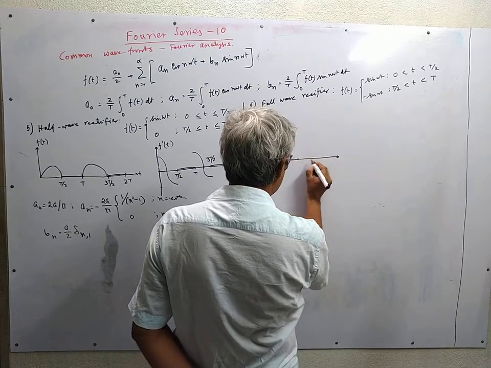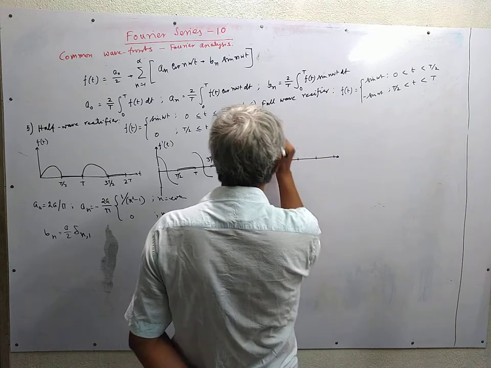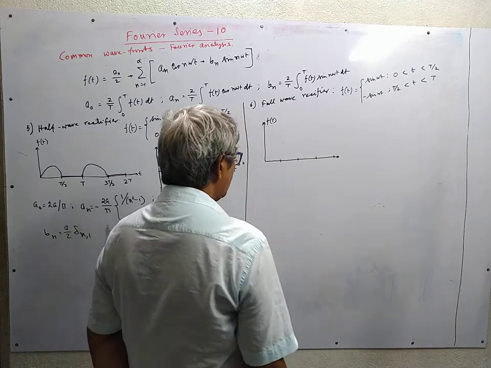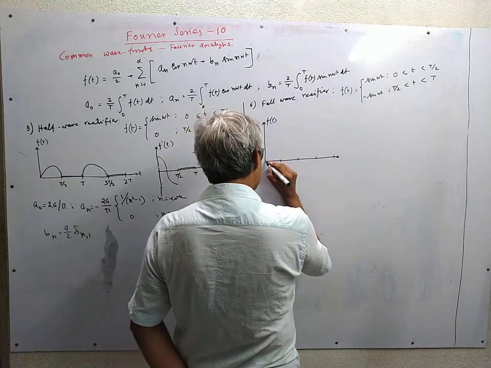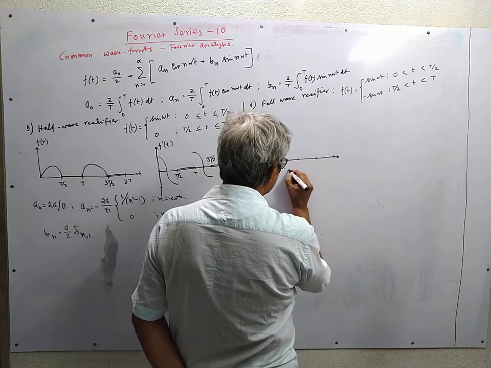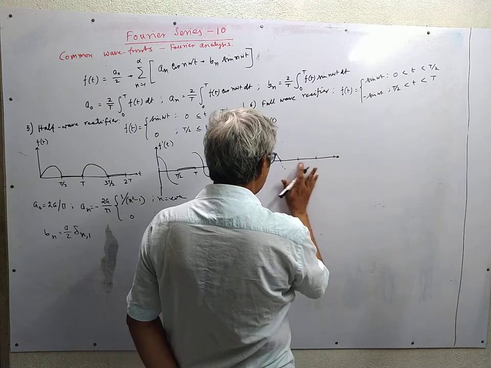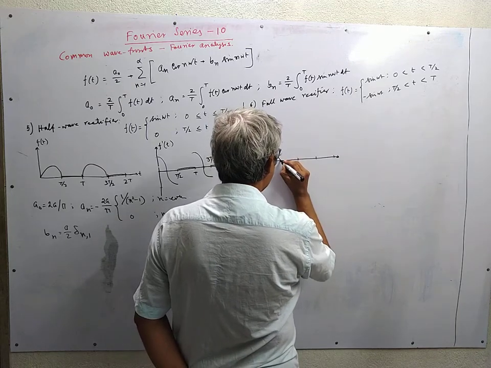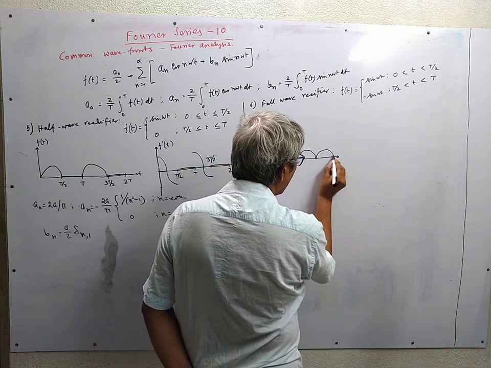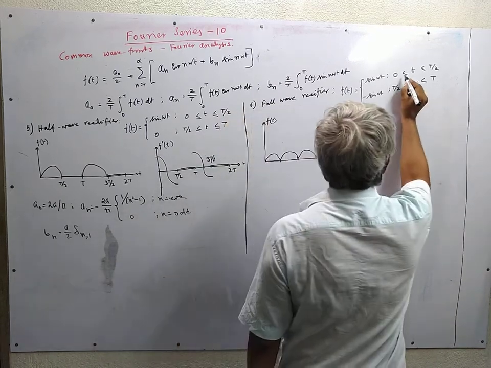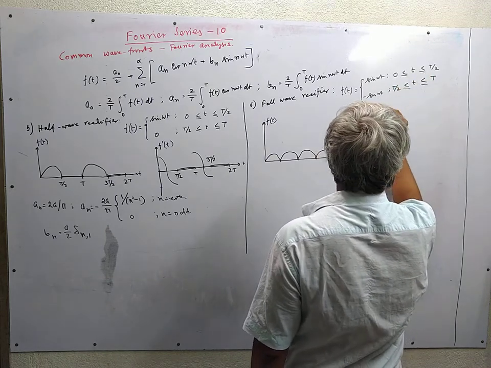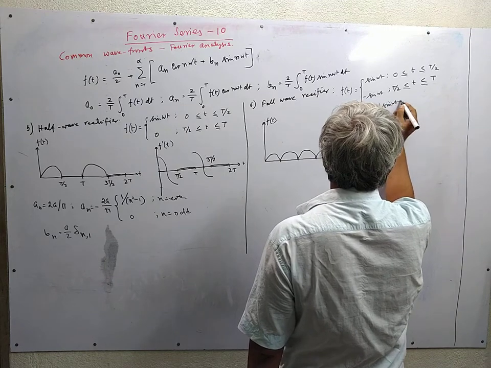T by 2, T, 3T by 2. In the first half, the sine function is this. In the second half, the sine function was there, but due to this negative sign, it is flipped. So the function is continuous all along. Basically, this function is the mod of the sine omega t function.